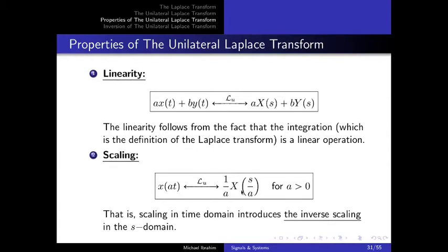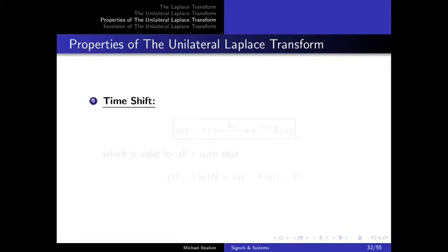Here in the s domain it's X of s over a. So the scaling property implies this inverse scaling relation. And this inverse relation actually applies also to the Fourier transform. So a compressed signal in time domain would result in an expanded signal in s domain or frequency domain, and the other way around. The third property we have over here is the time shift property.